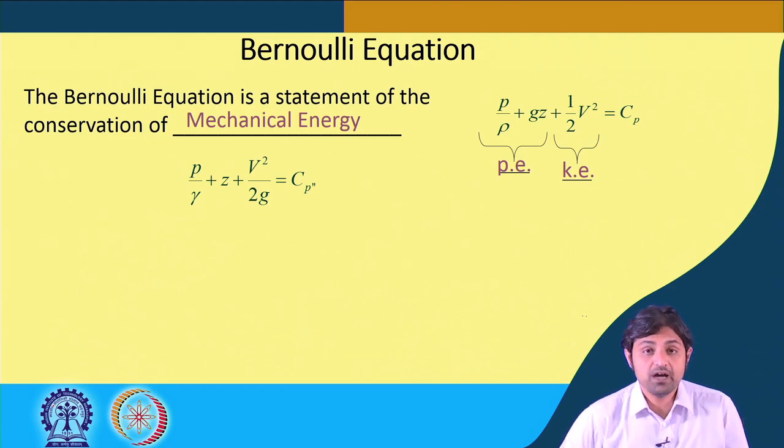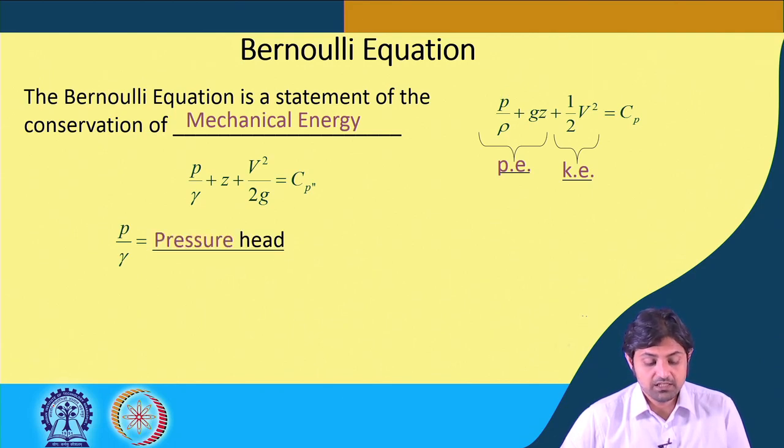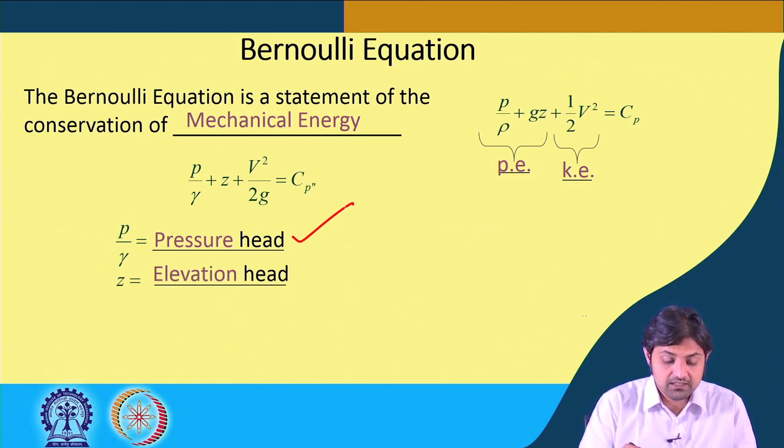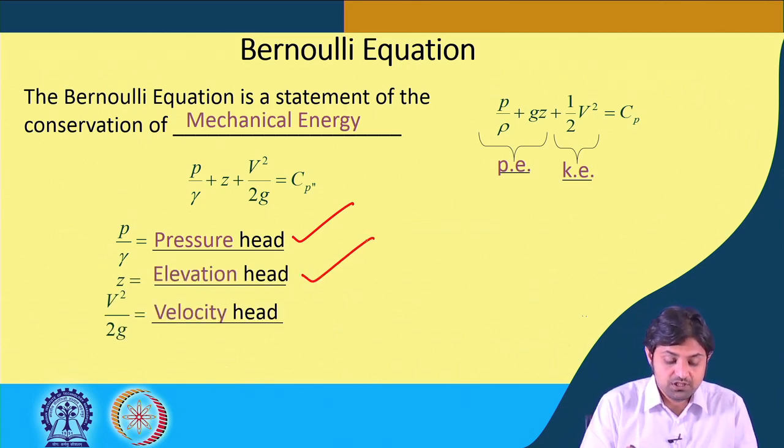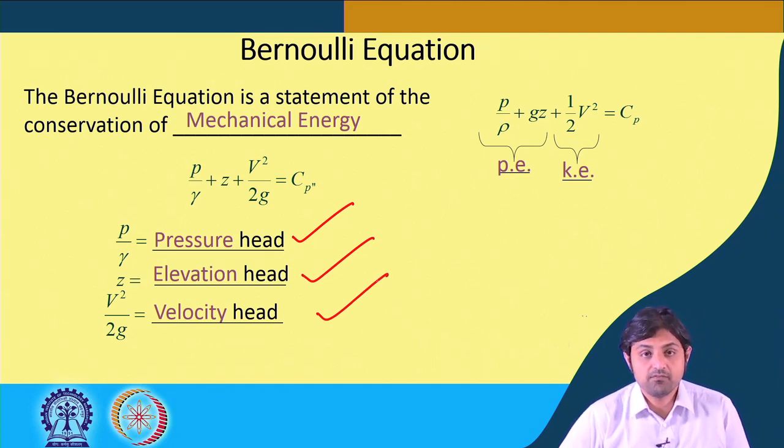Okay, so P by gamma plus Z plus V square by 2g is equal to a constant, where P by gamma is the pressure head, Z is the elevation head, and V square by 2g is the velocity head. Okay, good.